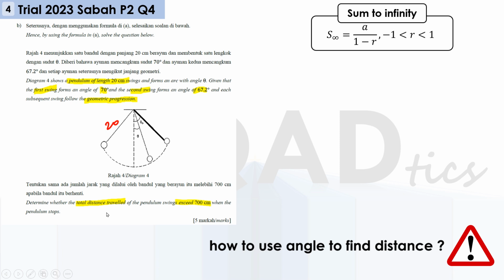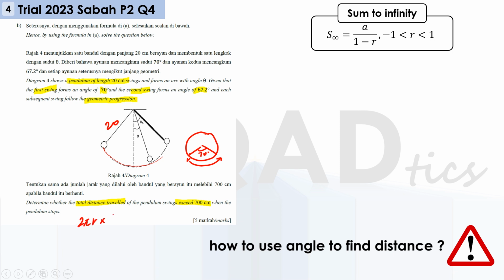So, assuming that the distance traveled here, this part, is one part of the circle, right? So this means if we have a circle here, then the angle here is 70. So this is the part that I need to find. So what I can do is use the circumference of the circle first, which is 2 pi r.